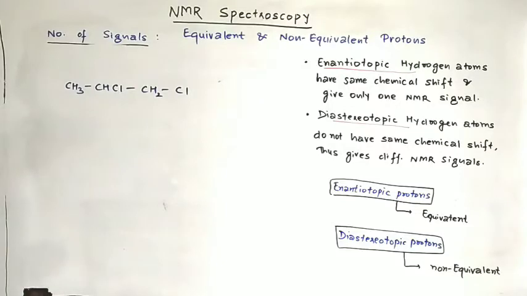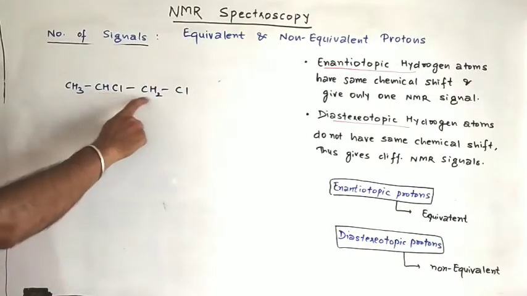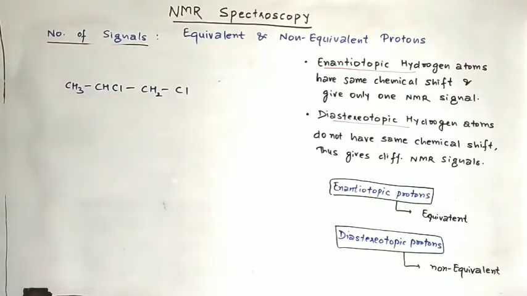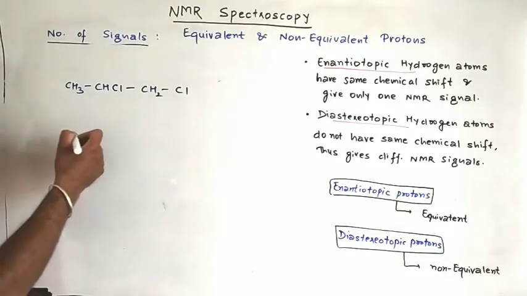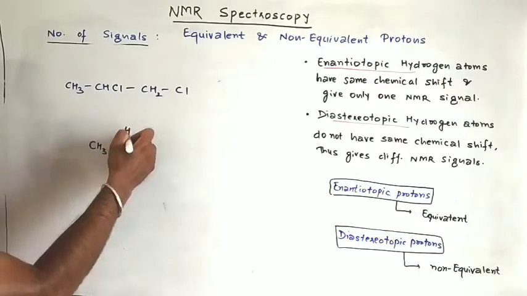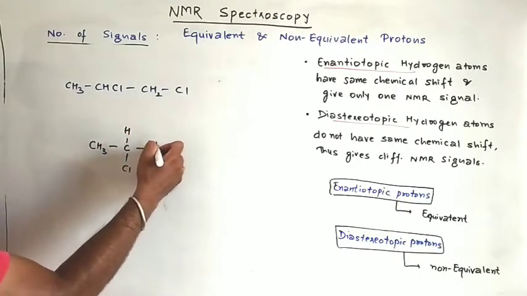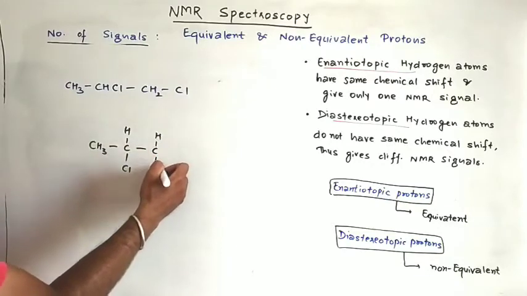This is the organic compound. So how many peaks will this compound give? You will say 3: 1 by these 3 protons, 1 by this proton, and 1 by these 2 protons. But no. I will open the structure like this. Here we have a CHCl.